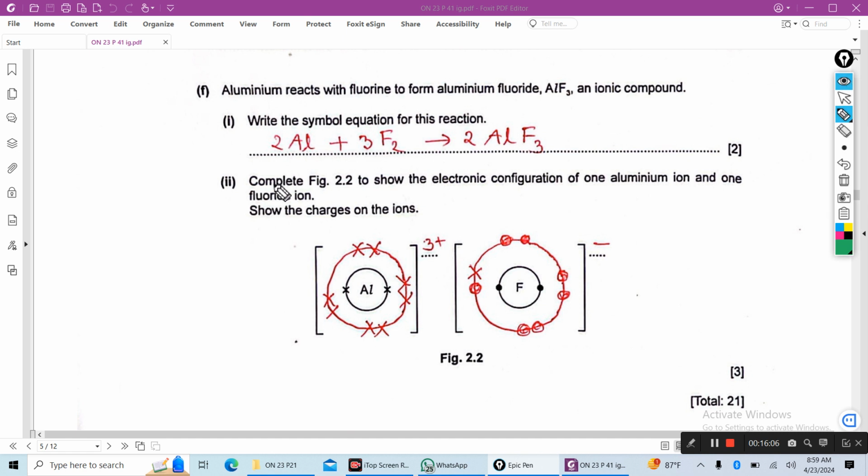Then number 2, complete figure 2.2 to show the electronic configuration of one aluminum ion and one fluoride ion. You see aluminum 3 plus, it has 10 electrons.